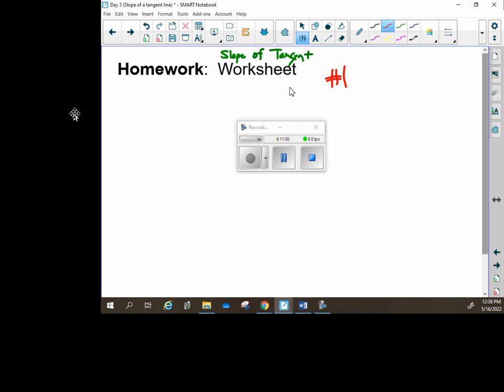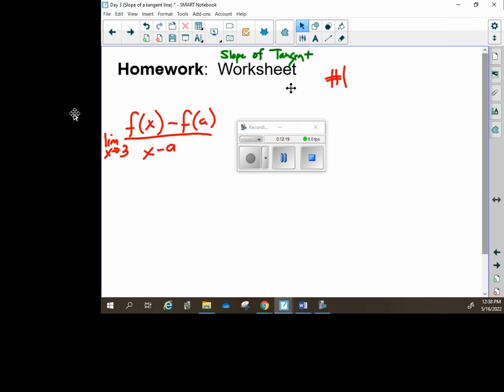So all you have to do on that one is plug into this formula right here what they tell you to plug in for x. 3. So you just find the slope flat out at 3. Do you really need to do all that work if you only have to find it at one point? Probably not. Did you guys agree that doing all that work was not very fun when we had to find the formula?